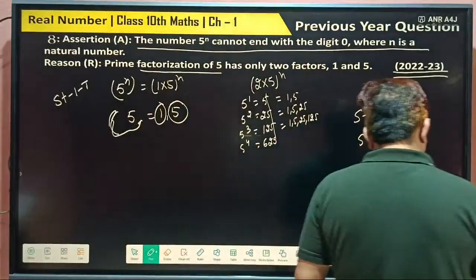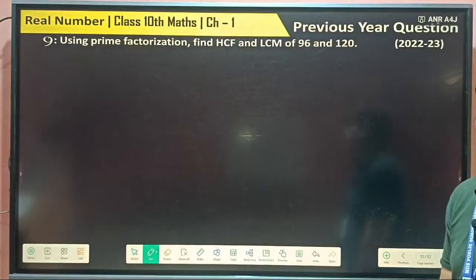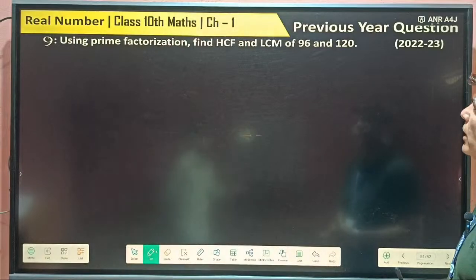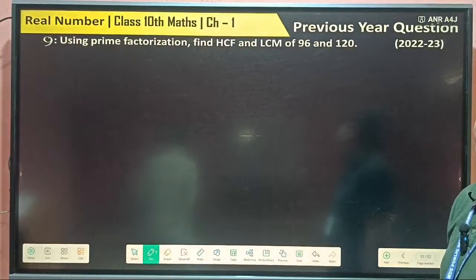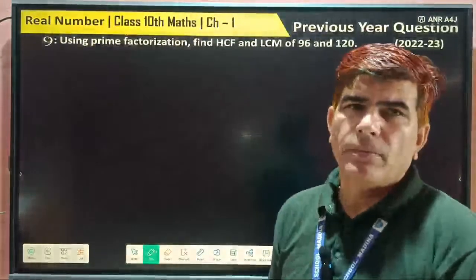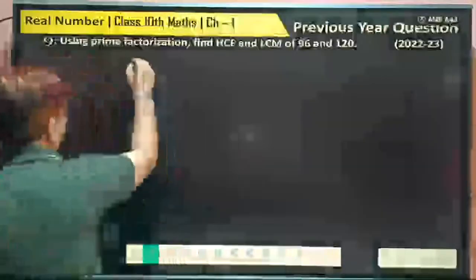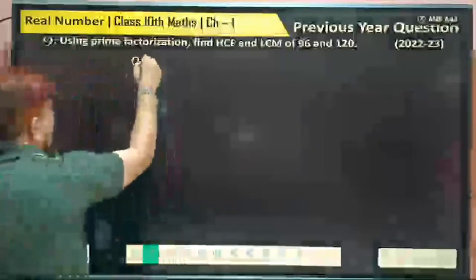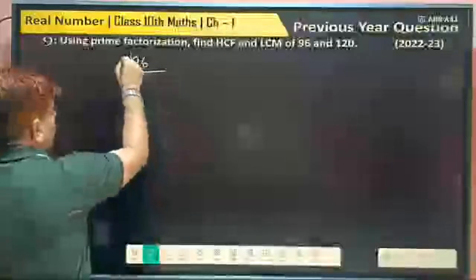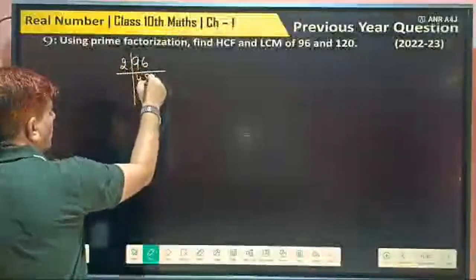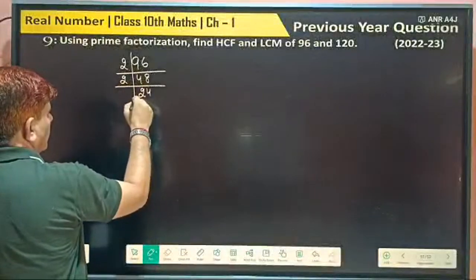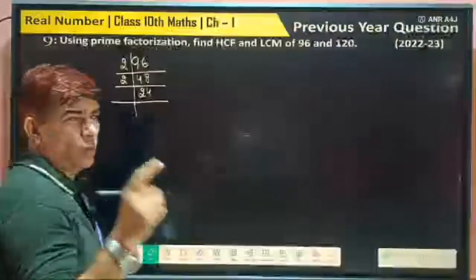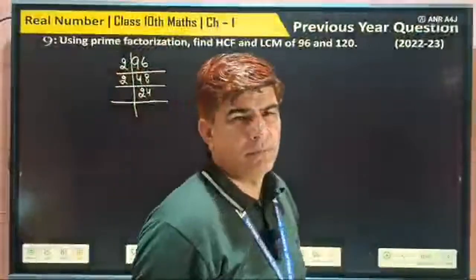Next. Using factorization, find the HCF and LCM of each. Here the particular method is given: prime factorization. First find the prime factors of 96. 2 is a prime number, and 2 is the only even prime.